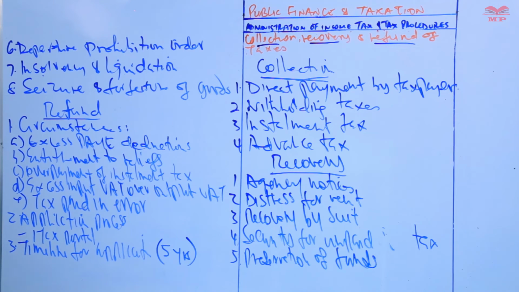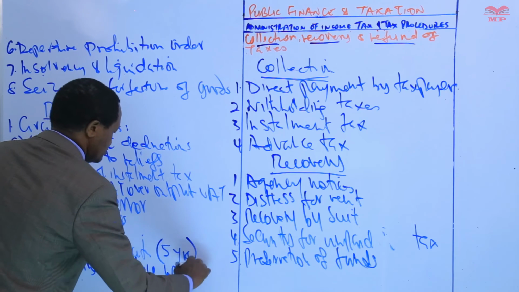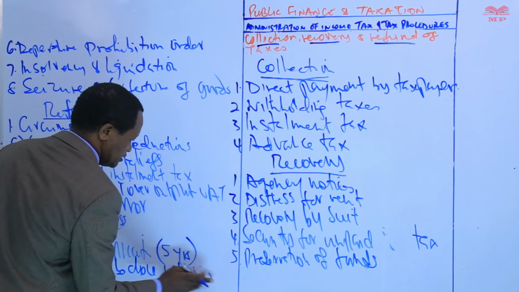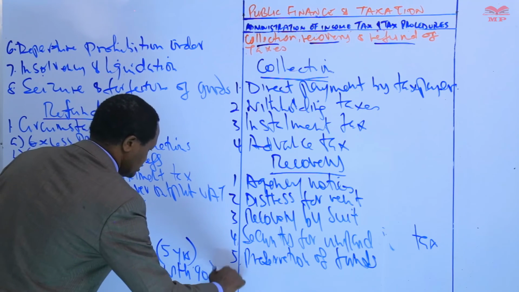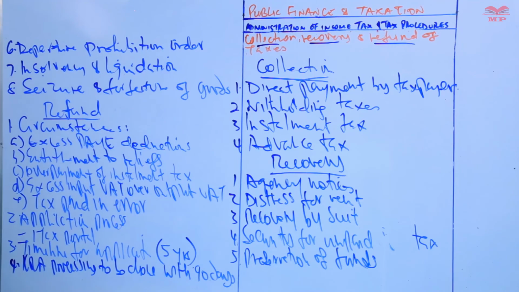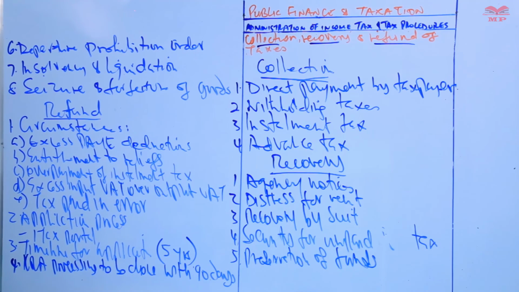KRA processing has to be done within 90 days of receiving a valid application. And KRA may conduct an audit or review to verify the claim.